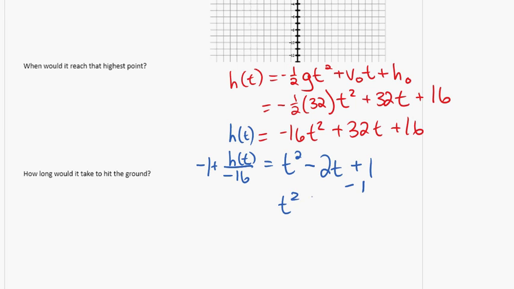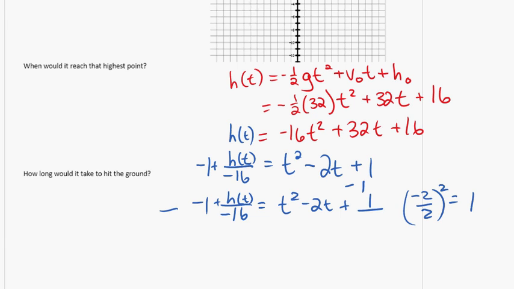So now I have t squared minus 2t equals -1 plus the height with respect to time over -16. Ready to complete the square, plus what? -2 halved, and then squared gives me +1. So add 1 to both sides. You'll notice 1 minus 1 is 0, which is convenient.